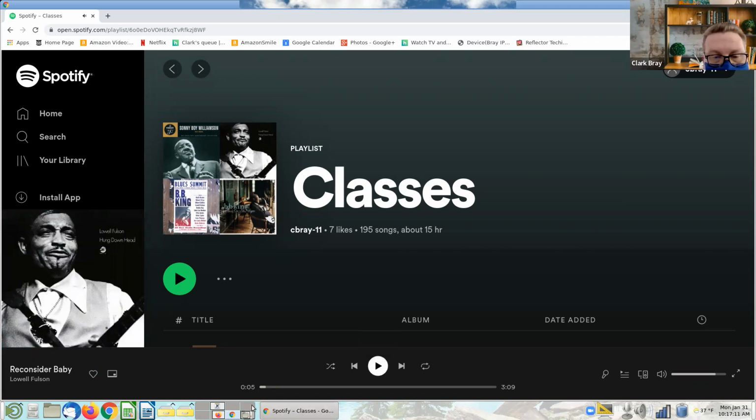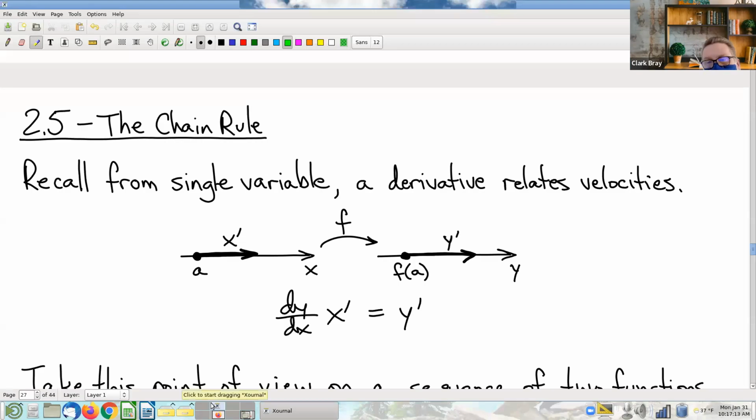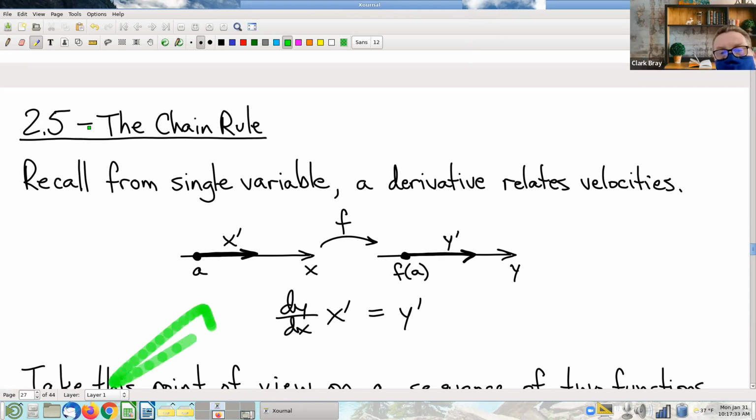Okay, so let's see here. Here's what we were talking about last time, and I'll do a super quick revisitation of what we talked about last time with the chain rule. So it's all about interpreting what the derivative. Oh, come on, you're killing me.